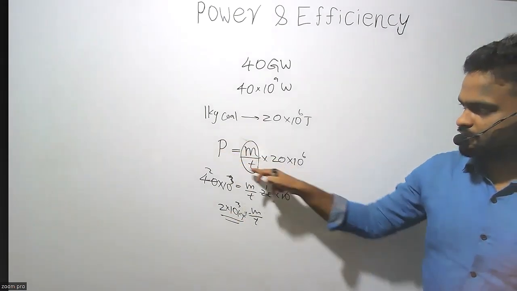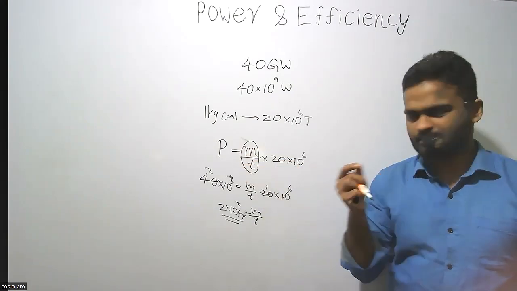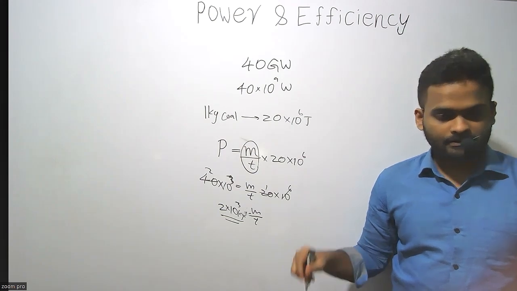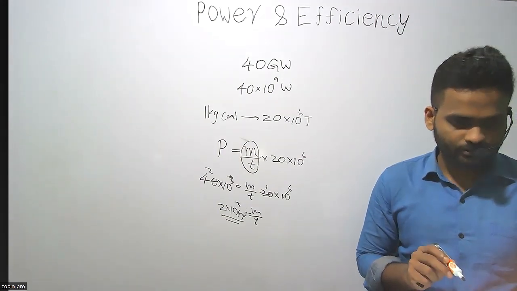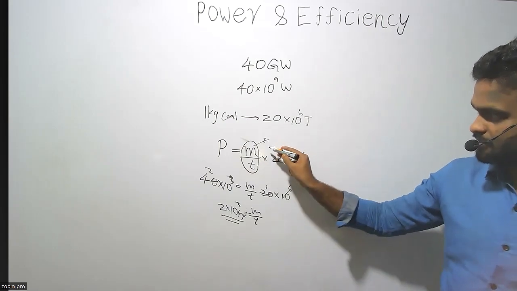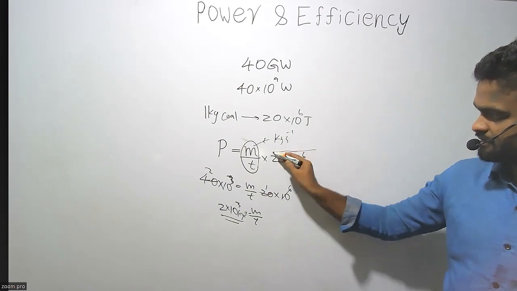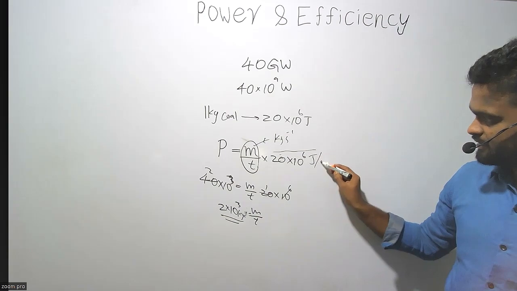Here you might be wondering what this equation is. You can think about units and get an equation like this. So the answer should be the third one, 2 times 10 to the power 3. Kilograms per second, what is this? This has joules per kilogram.